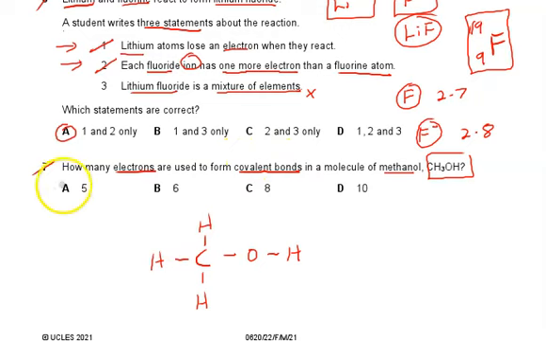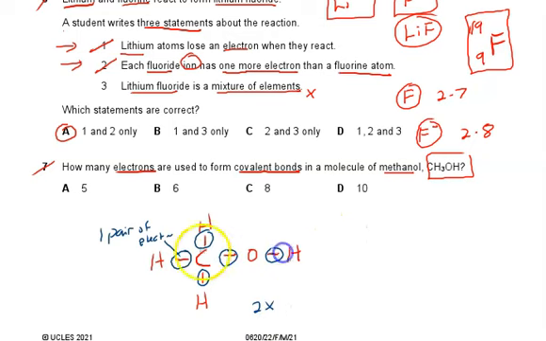Every bond here involves one pair of electrons, which means 2 electrons. So 2 times, we have about 5 bonds, so they have 10 electrons.